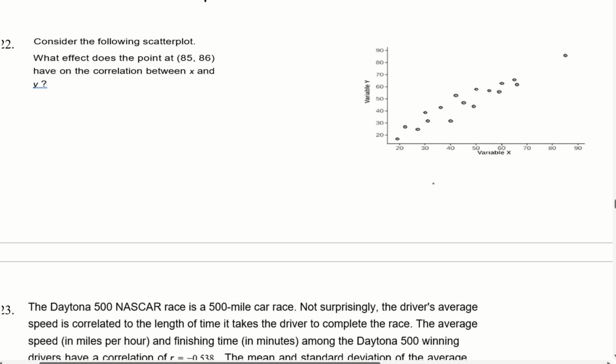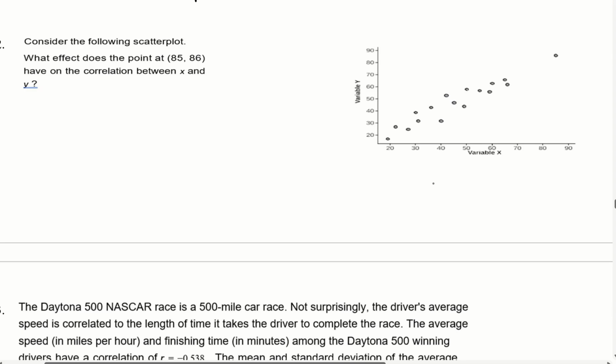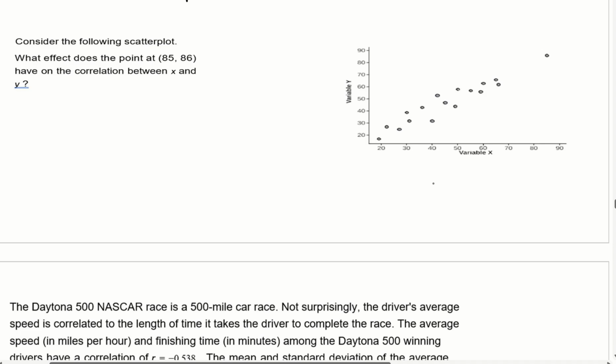All right, so number 22, it says consider the following scatterplot. What effect does the point (85, 86) have on the correlation between x and y? So 85 is here, and they're talking about this point. Notice that the point is in the same trend as the line, so it's actually strengthening the correlation.